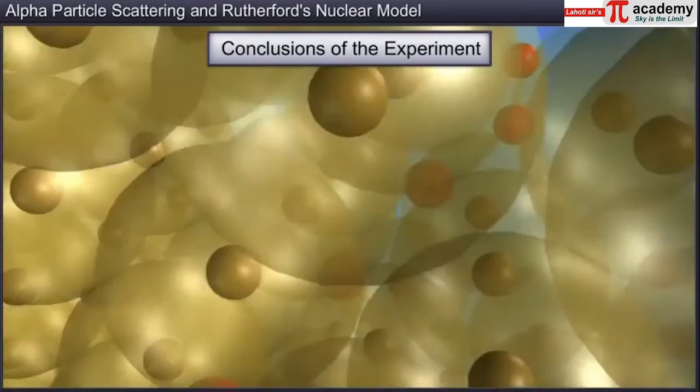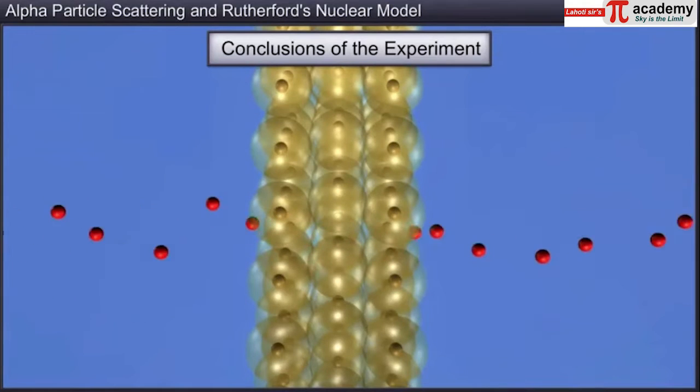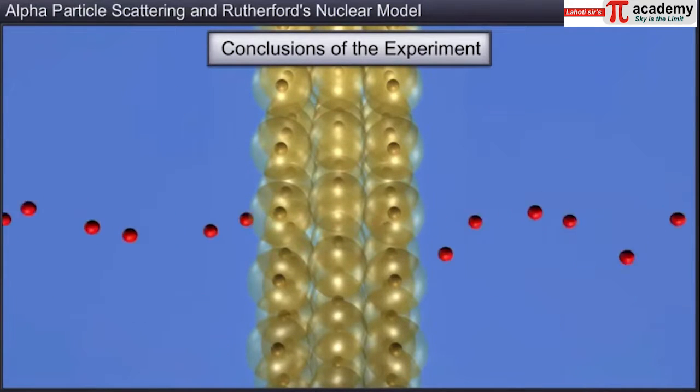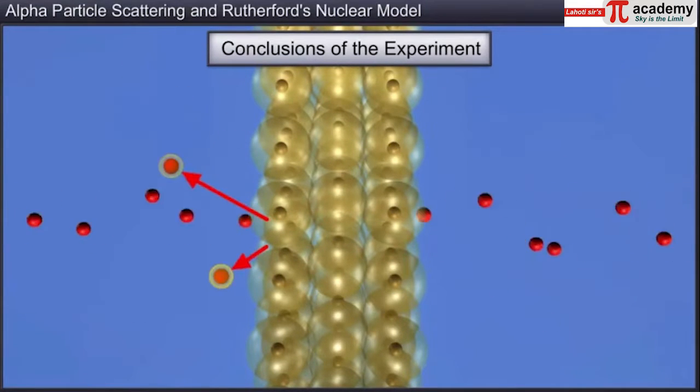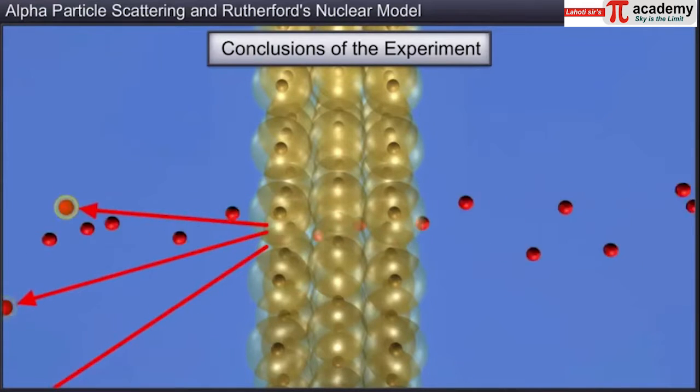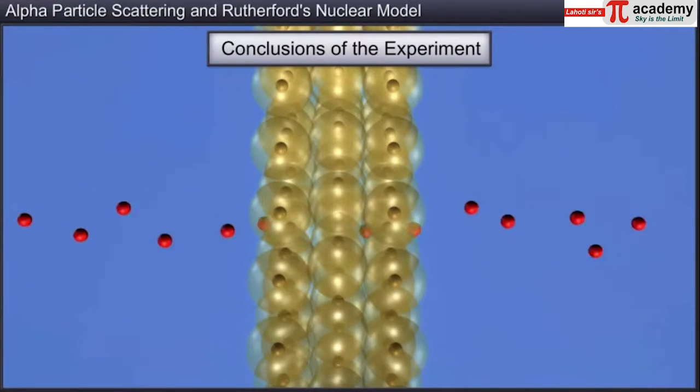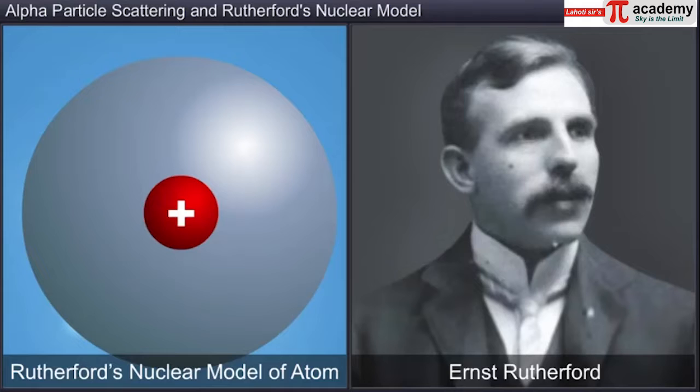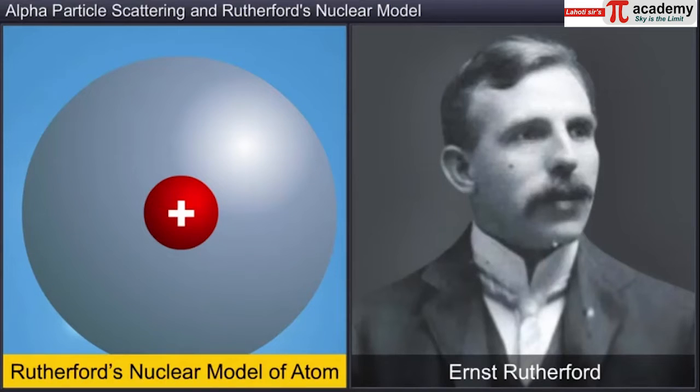In such a case, the alpha particles which moved very close to the central part would experience large repulsive forces and suffer deflections greater than 90 degrees. Based on these assumptions, Rutherford proposed the atomic model, henceforth called Rutherford's nuclear model of atom.